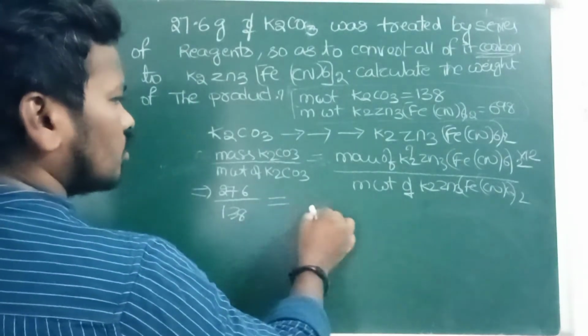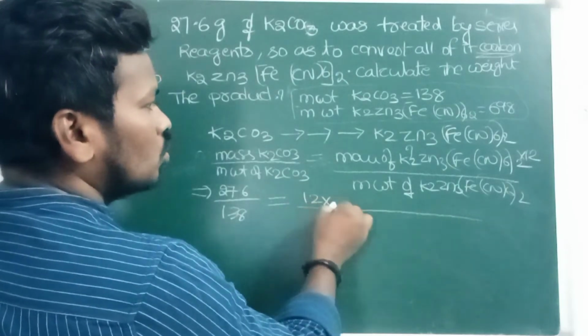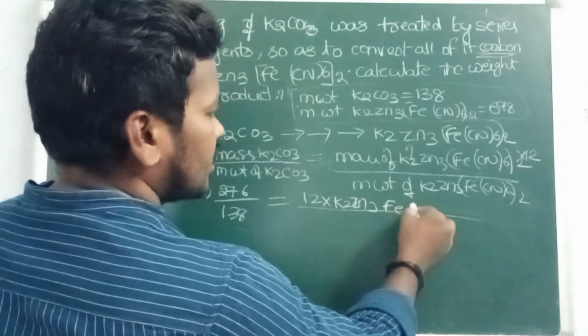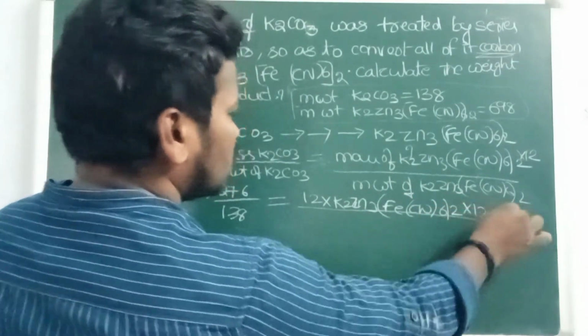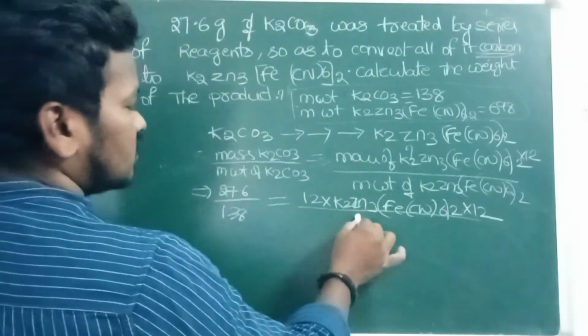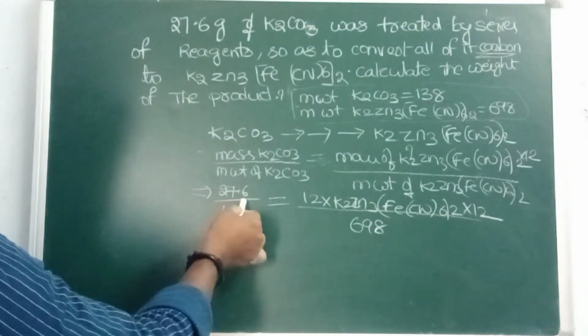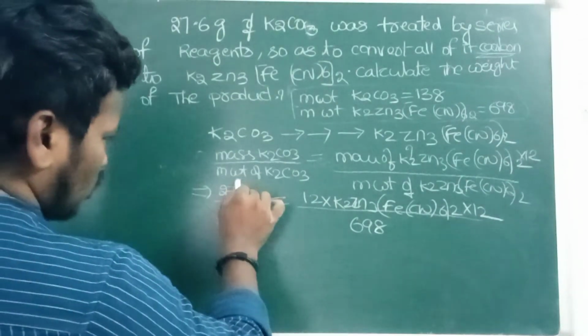So mass of 12 into K2Zn3[Fe(CN)6]2 taken twice into 12. So molecular weight how much? 698. So 27.6 upon the 138. By doing that we will get 0.2.